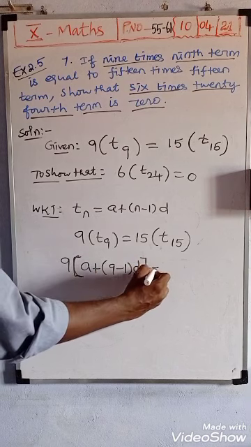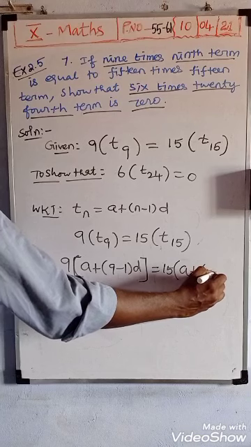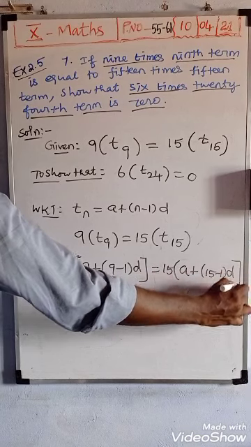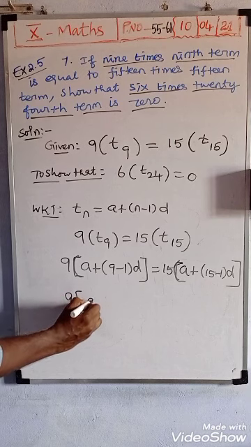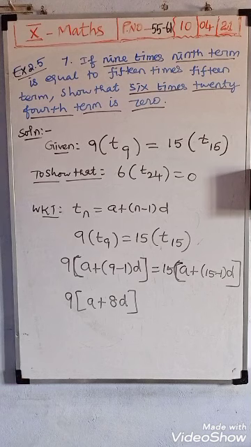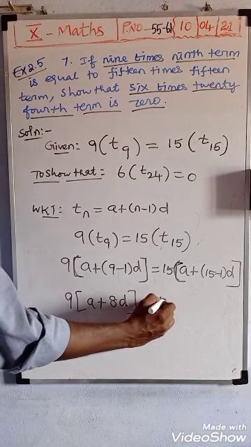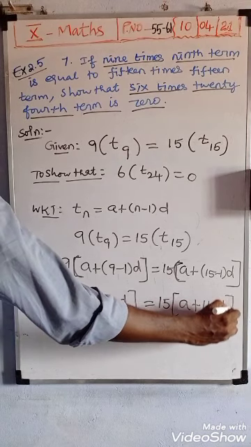Right-hand side, 15 of a plus 15 minus 1 into d. Now 9 of a plus 8d, since 9 minus 1 is 8d. This side, 15 of a plus 14d.